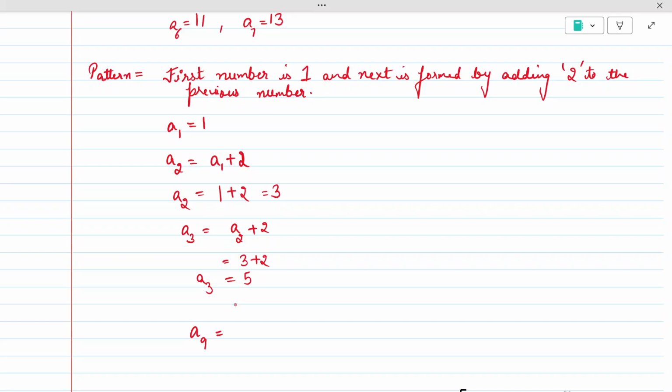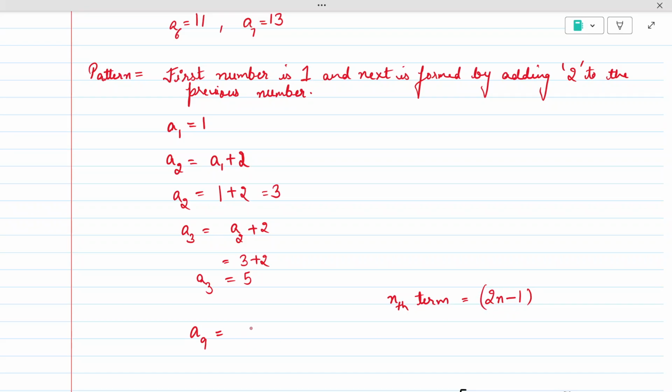So the formula to get any term in the odd number sequence is 2n minus 1. So if I have to find the nth term in this series, I will use 2n minus 1. N is what? N is the position.